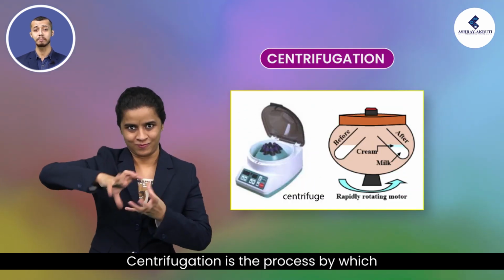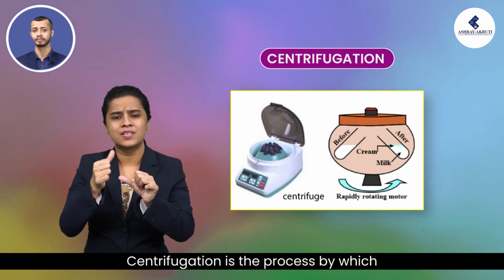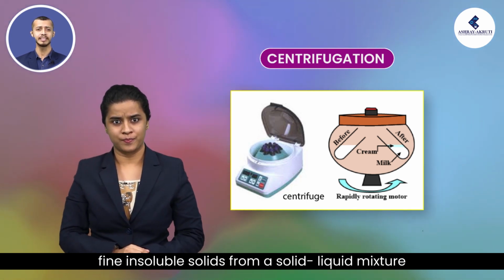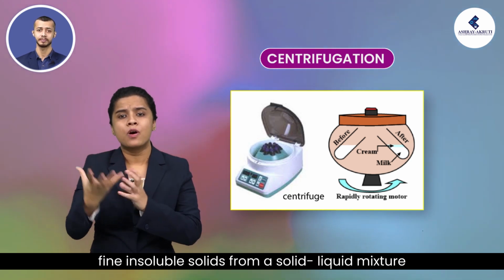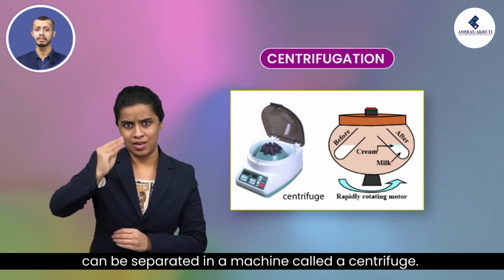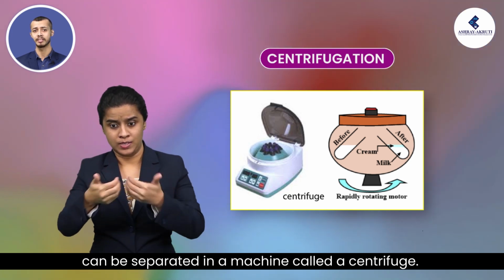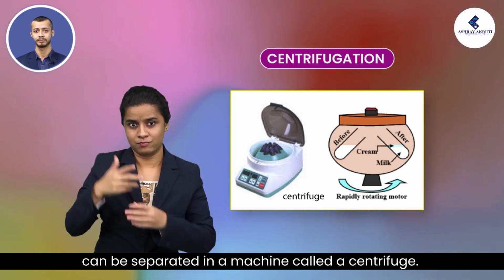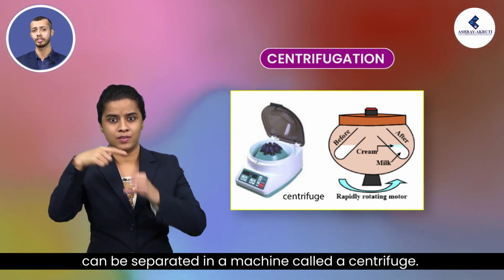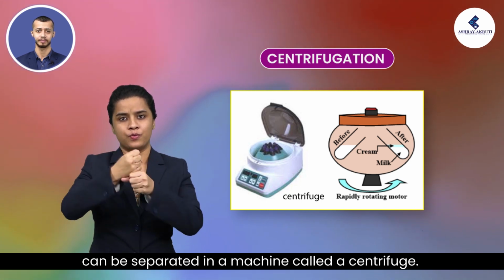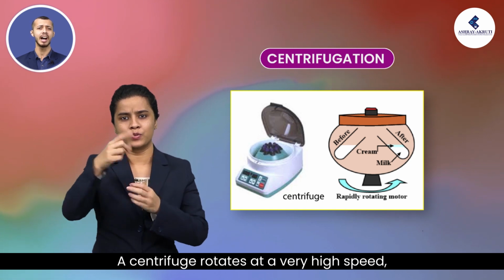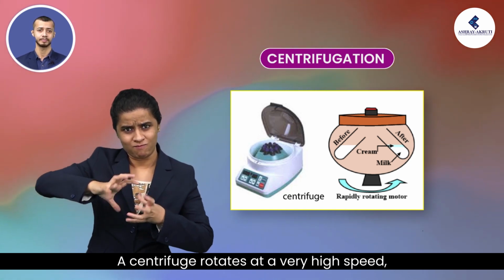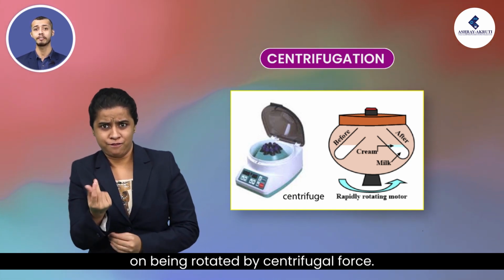Centrifugation is a process by which fine insoluble solids from a solid liquid mixture can be separated in a machine called a centrifuge. A centrifuge rotates at a very high speed.